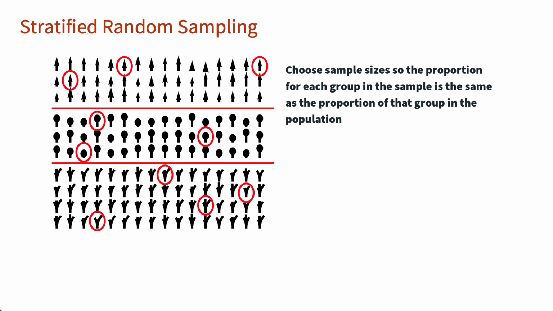Stratified random sampling can be more accurate than simple random sampling because stratified sampling makes it possible to ensure that the proportions of identifiable groups in the population are accurately represented by those same proportions in the sample.